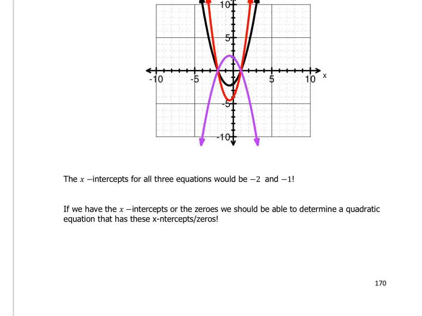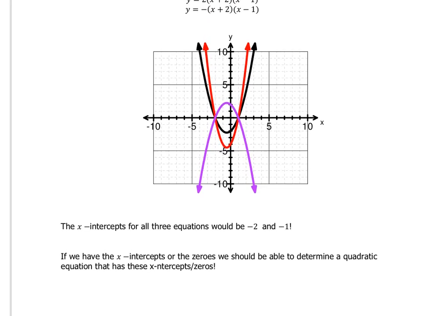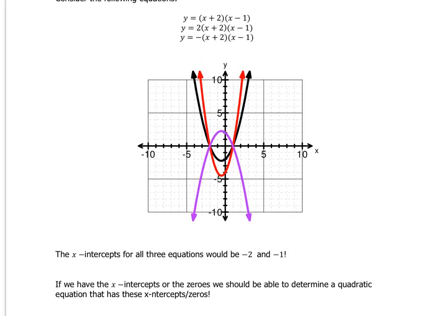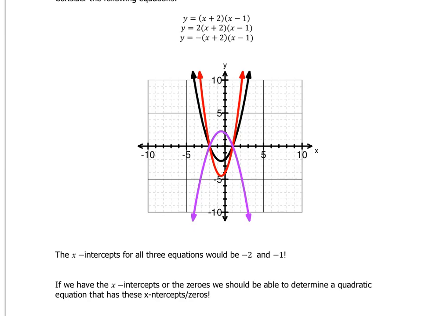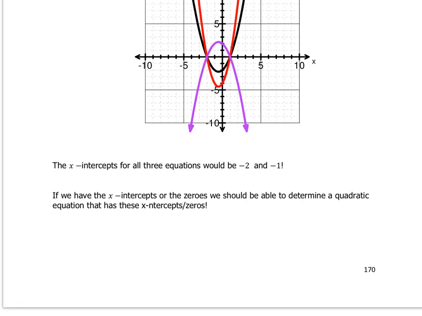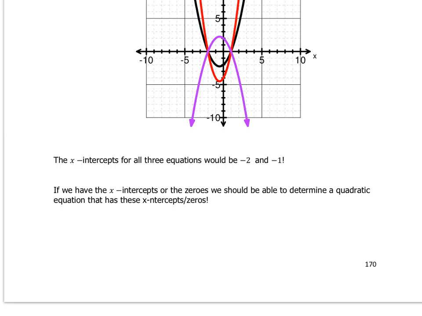You can see there that all of these equations, the red one, the black one, and the purple coloured one, all pass through the same x-intercepts of -2 and +1, even though they have different equations up here at the top. So if we have the x-intercepts, you should be able to figure out the equation.